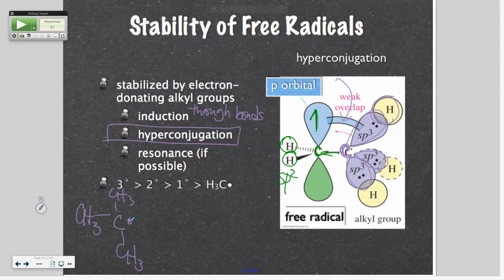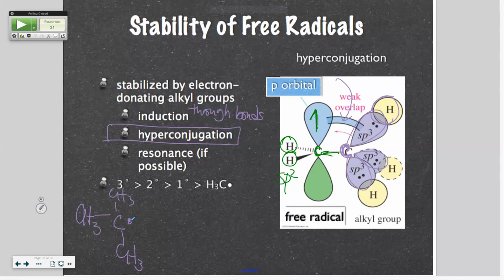We got 3 methyls, and that one only has 1 methyl. So why would having 3 methyls make you more stable? Well, you're going to have more induction. You're going to have electron density going through the bonds from all 3 of the methyls, not just 1. You're also going to have hyperconjugation on 3 spots.